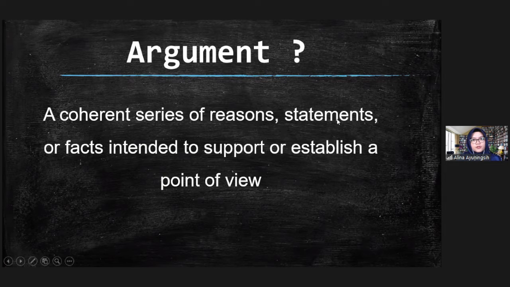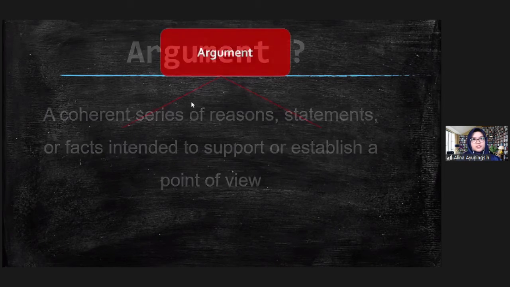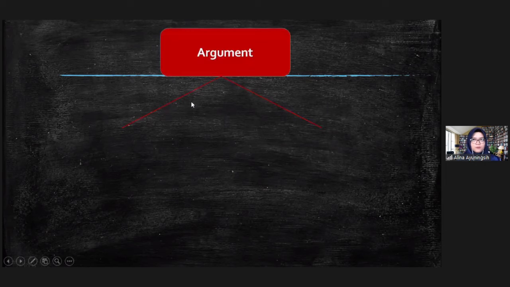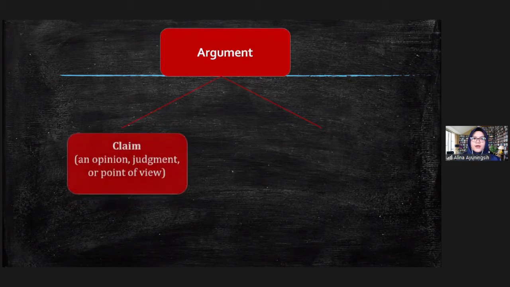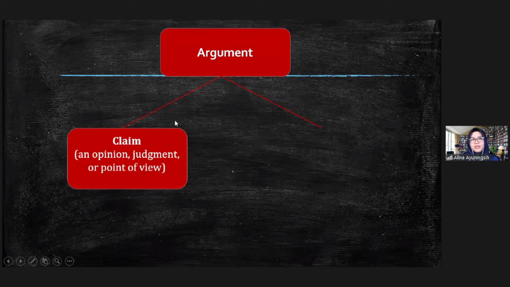For the argument itself, in an argumentative essay, it is divided into two parts. So we have claim. Claim is like an opinion or judgment or point of view. Claim is basically like the essay's thesis or the thesis statement.